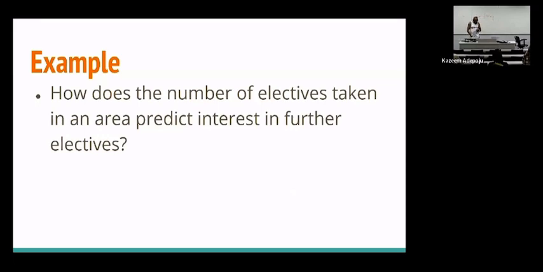Now you want to see whether taking this elective is going to determine you taking further elective in statistics? And that is why we say, how does the number of electives taken in an area, it could be in statistics, predict your further interest in taking elective in that area?